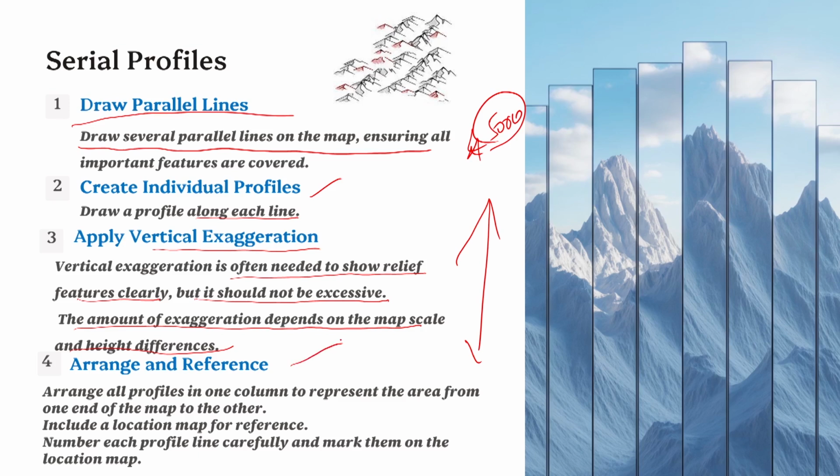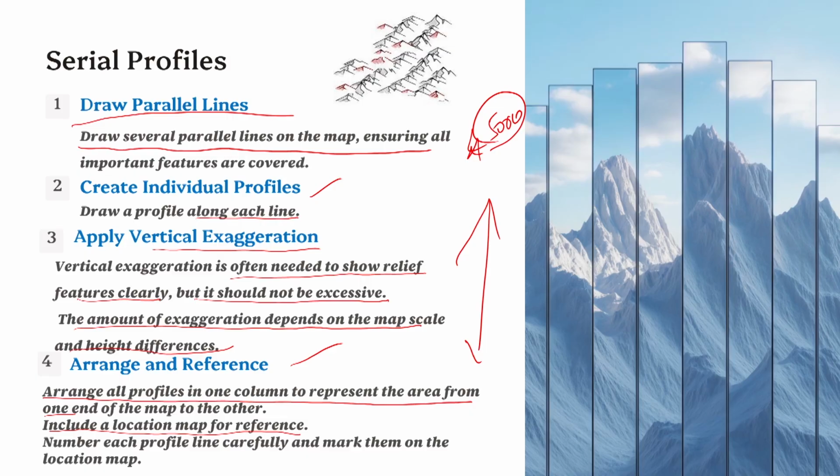So, arrange and reference: arrange all the profiles in one column representing the area from one end of the map to the other, and include a location map for reference. Which means you make all the parallel series of mountains on one sheet, A, B, C, D, E, F, G, H, like that, parallelly you portray on a single paper, that is called the serial profile.